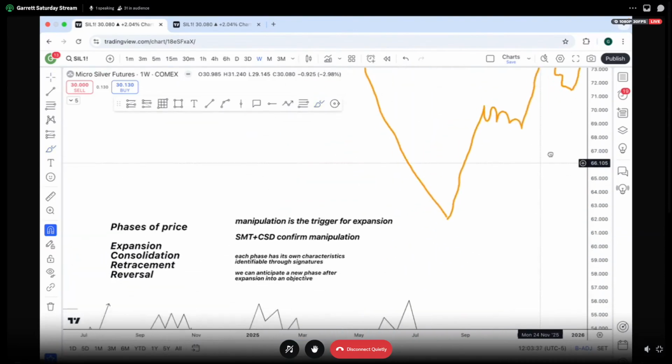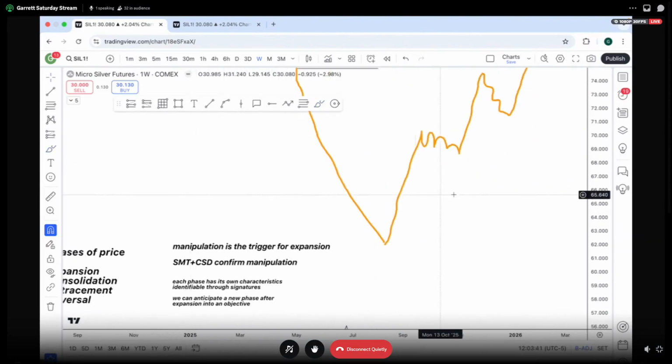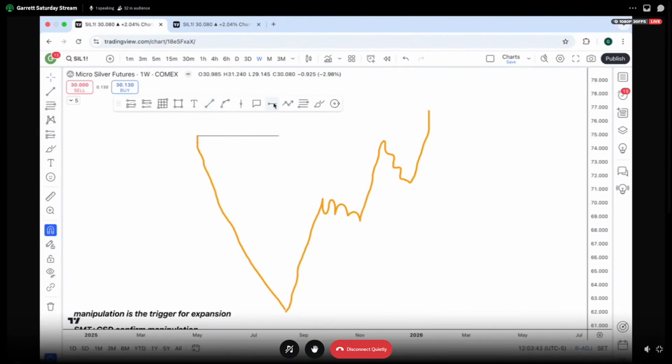So retracement and consolidation are both continuation signatures, meaning it's not going to reverse from this low resistance, this accumulation, right? All this low resistance that's built. Price doesn't typically reverse from low resistance. We usually create some sort of high resistance and then expand towards these highs, right? So they're looked at as continuation signatures, right?